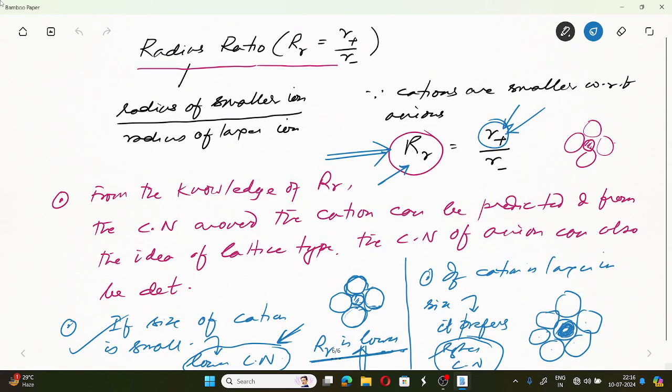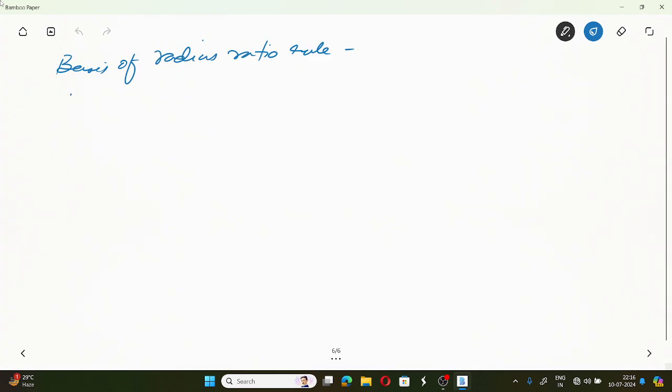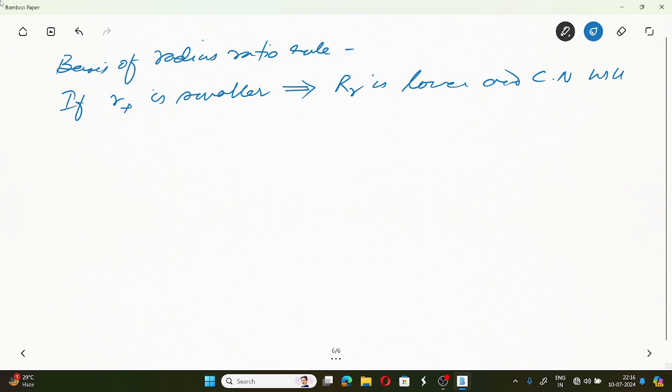So we will write that if radius of cation is smaller, radius ratio is lower and coordination number will be lower.